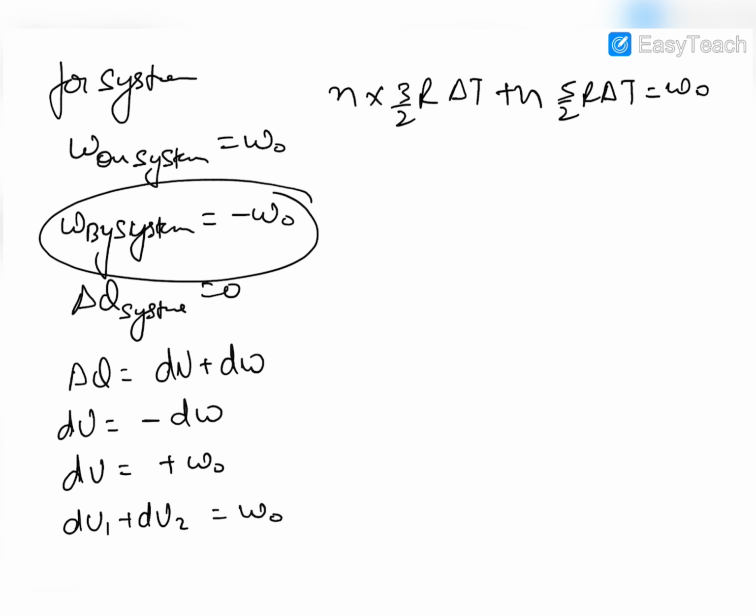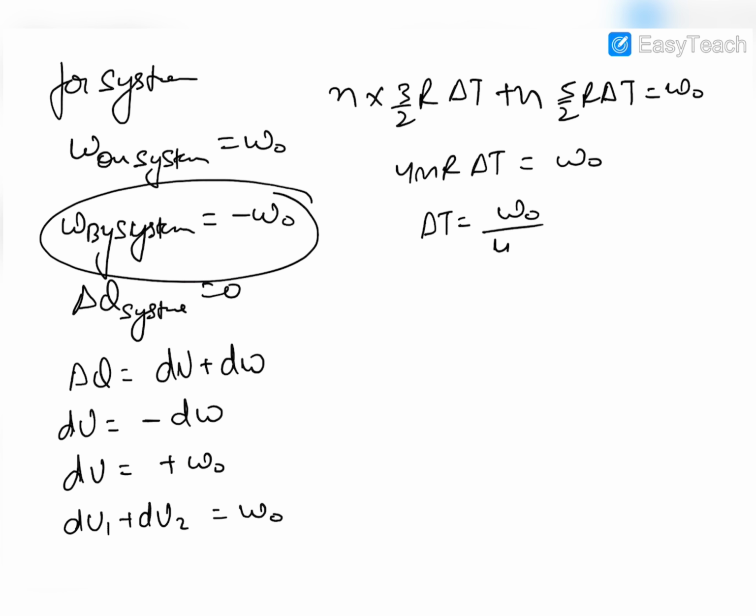So I can say that this is 5 by 2 plus 3 by 2, that is 4 nR delta T is equal to W naught, and delta T will be equal to W naught upon 4 nR. So this is the rise in temperature of each gas. Now we move on to the next question.